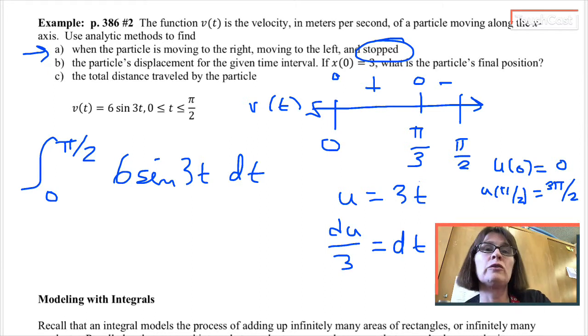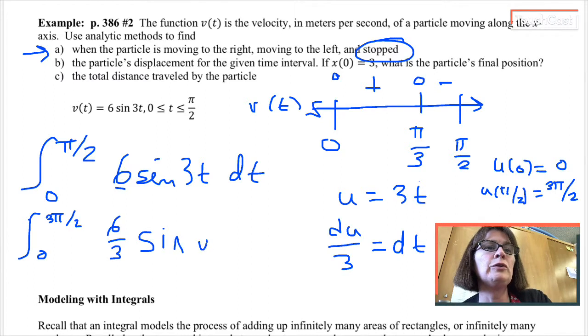So my new integral is going to be the integral from 0 to 3 pi over 2 of 6 divided by 3, sine of u du. So it's going to be 2, because 6 over 3 makes 2.